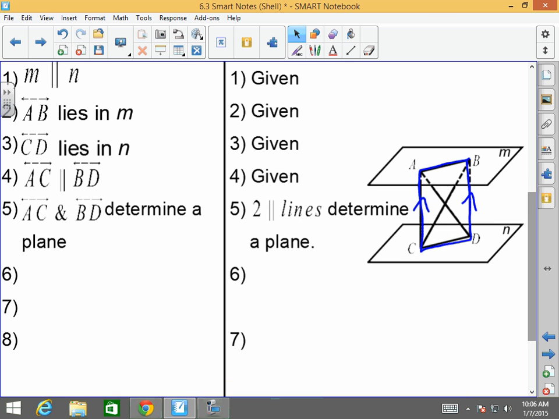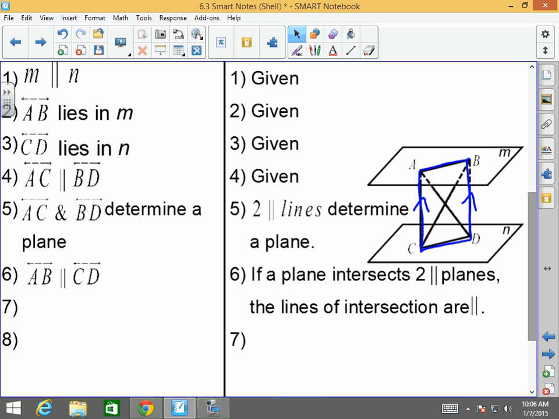Okay? From here, we can say that AB now is parallel to CD. Why? Well, if a plane intersects two parallel planes, which M and N are parallel, the lines of intersection are parallel. So since AB and CD are the intersection lines of two parallel planes, AB is parallel to CD.